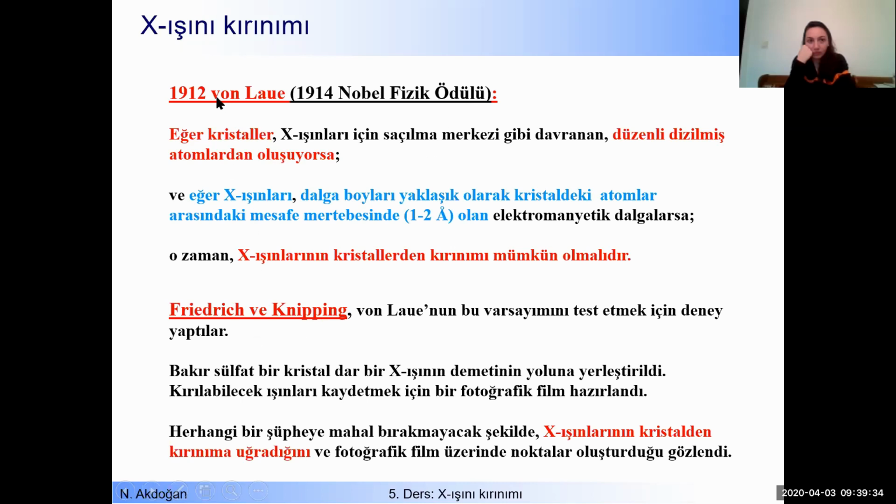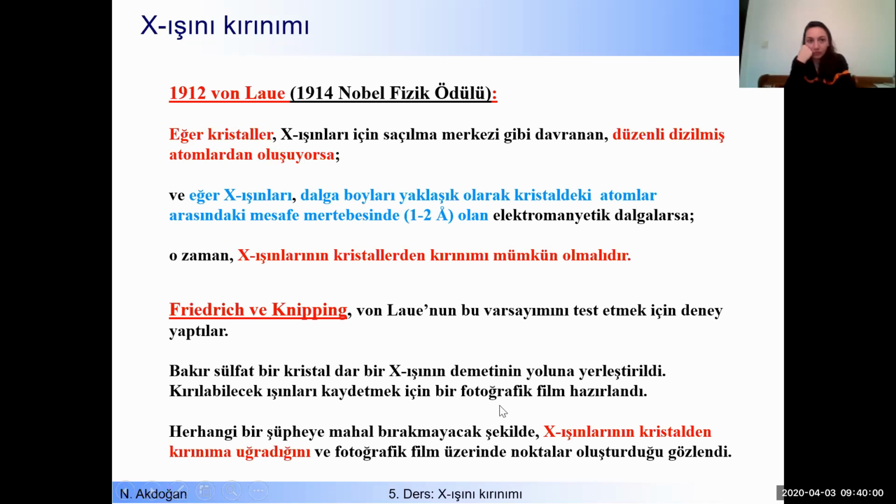Just after the proposal of von Laue, Friedrich and Knipping did some experiments in order to test these proposals. So what they have done, they have used a copper sulfide crystal and then put that crystal into the way of an X-ray beam, okay?